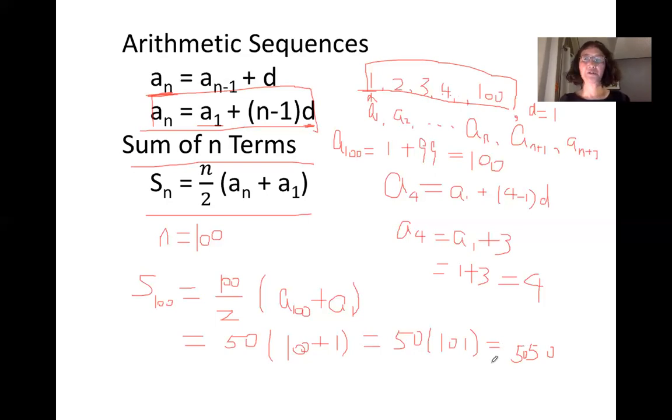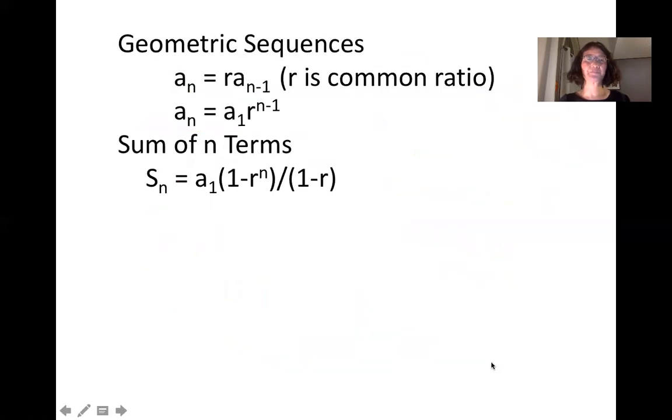So this is arithmetic sequences. Geometric sequences. We start from an example. If I give you the sequence 2, 4, 8, 16, 32, you notice in this sequence, if I give you the first number, you multiply by 2, get the second number.